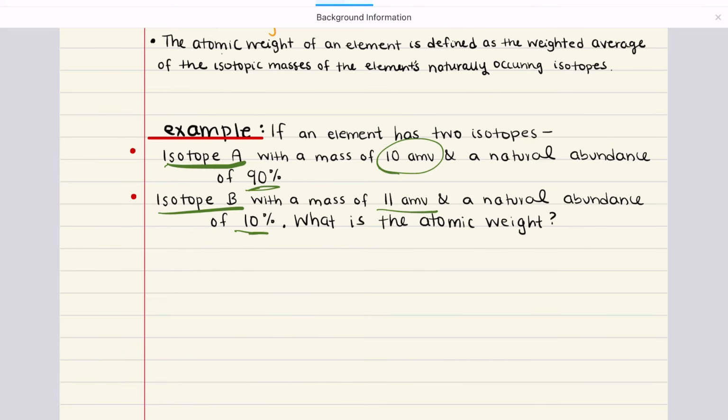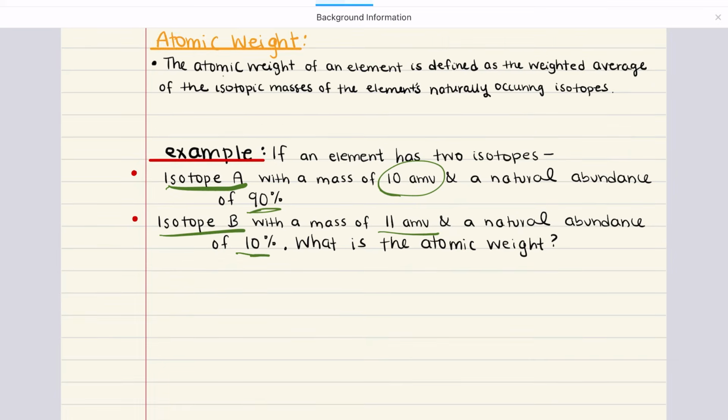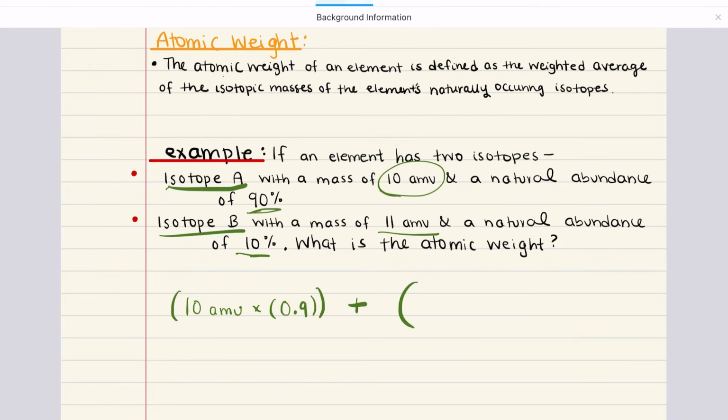All right, the atomic weight would be calculated as follows. We're going to focus on isotope A. We know that its mass is 10 AMU, and it has a natural abundance of 90%. We're going to multiply that by 90%, but in decimal form, so 0.9. All right, we're going to add that to our isotope B. Isotope B has a mass of 11 AMU and a natural abundance of 10% or 0.1 in decimal form.